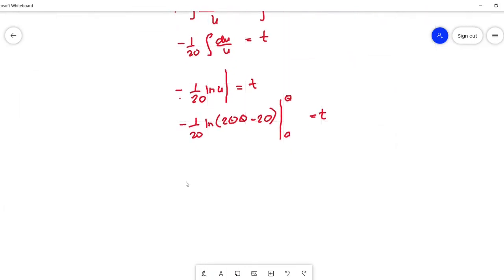okay, let us proceed. To simplify it further, we can focus on this equation. We can transpose this negative 1 over 20 by multiplying negative 20 on both sides.